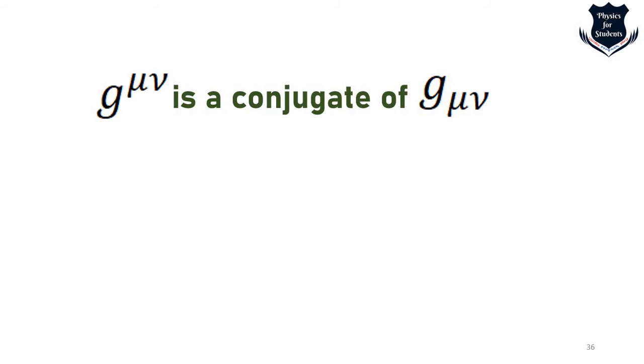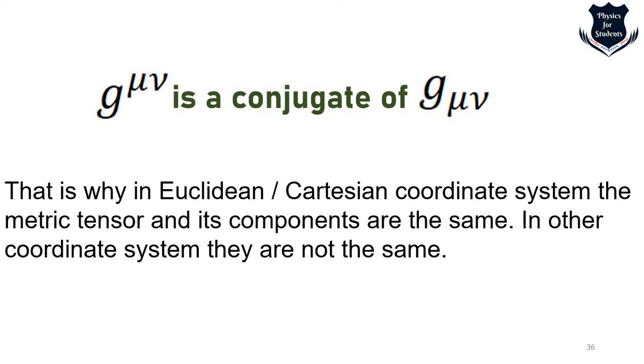So this one, g mu nu on the top, is a conjugate of the covariant metric tensor, and that is why you see in the Euclidean and Cartesian coordinate system the metric tensor and its components are the same. In other coordinate systems they are not the same. So I hope you got hold of this simple nice derivation of why we really care about the non-Cartesian system, because it is not the same.